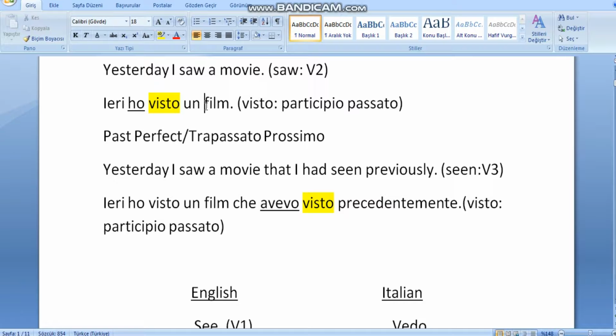Ieri ho visto un film. And in past perfect tense, we have to use it in the imperfect tense in order to form a sentence in passato prossimo.